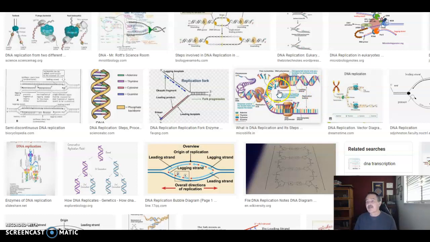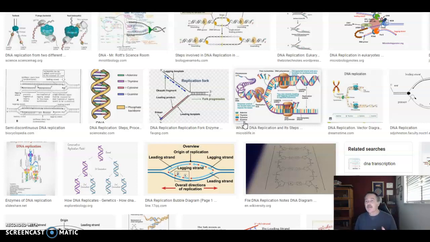But you will have several of these bubbles all the way down the length of the DNA molecule. Think of it as you've got 20 bubbles that are all working at the same time versus one bubble going from one end to the other. Which one's going to end up finishing first? Well, the 20 bubbles, right? Because you're doing 20 times as much, which is going to get the work done faster.